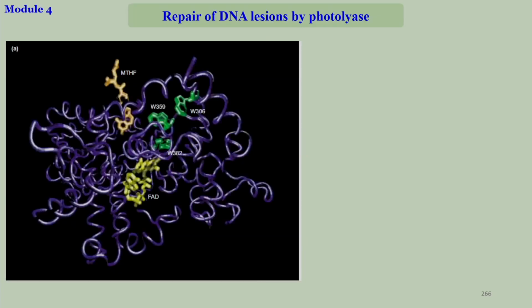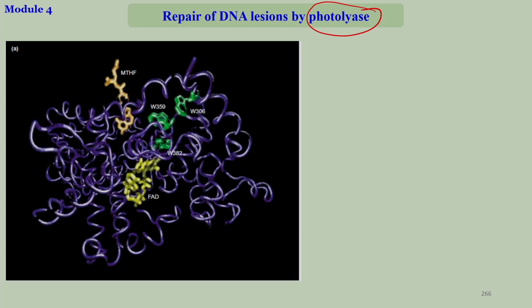So, these are the primary processes; primarily these are the three methods that widely occur inside cellular systems to rectify lesions or to rectify a mismatch. Now, there is another kind of repair, and that is done by an enzyme called photolyase.